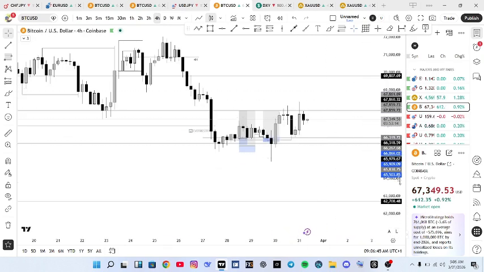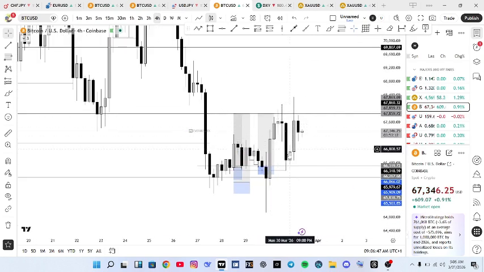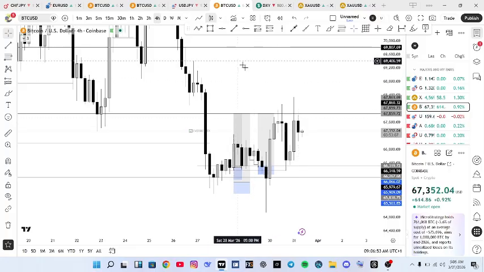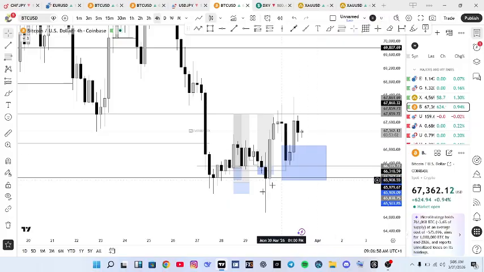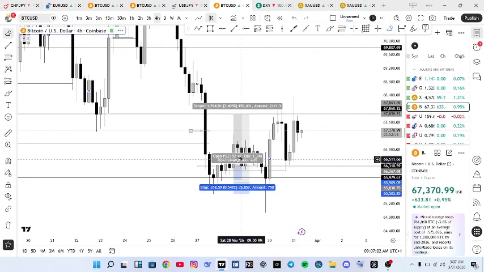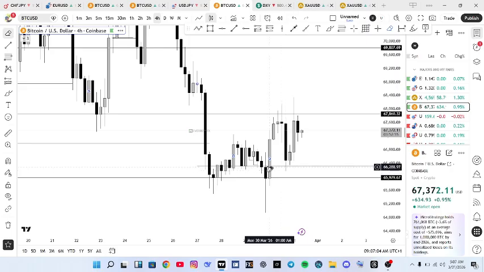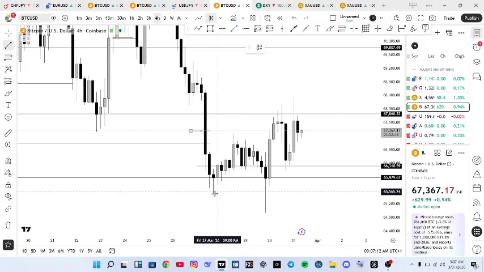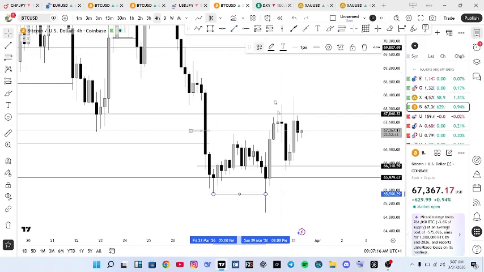What is price really doing here? Or is this already a sweep? Price has swept this place already. I was looking for buys around all these zones, but none of them stood a chance. Price swept all of them. So liquidity swept.